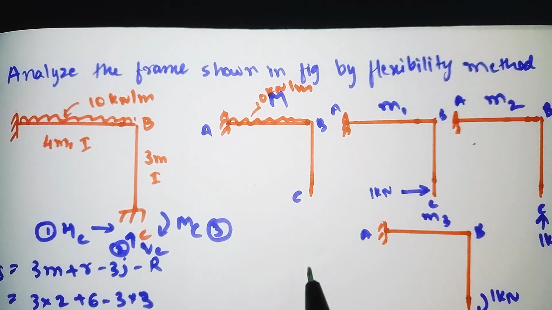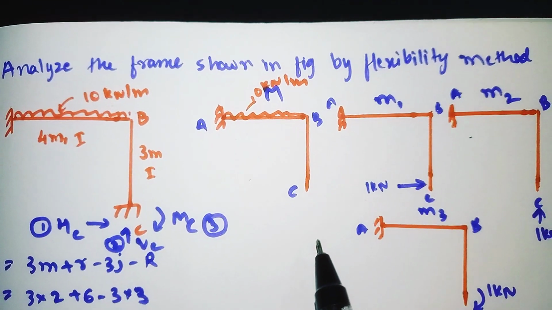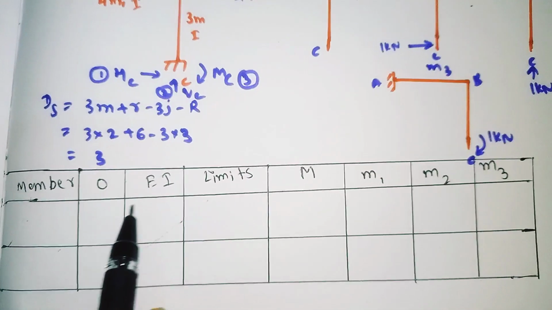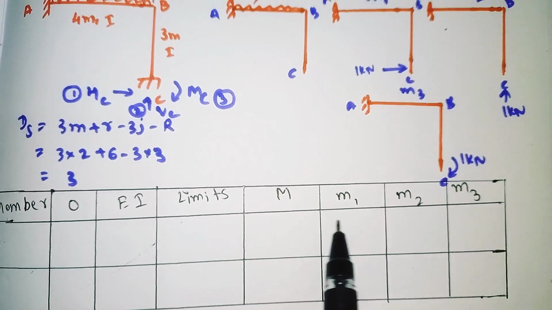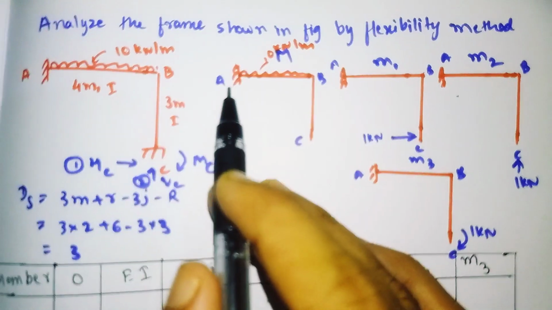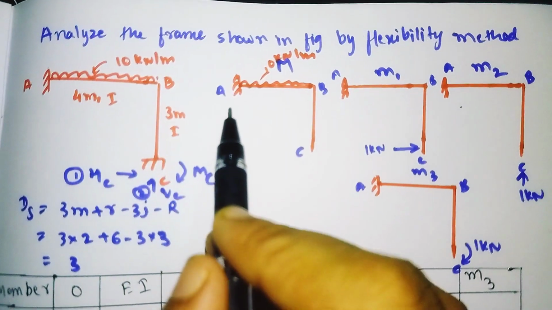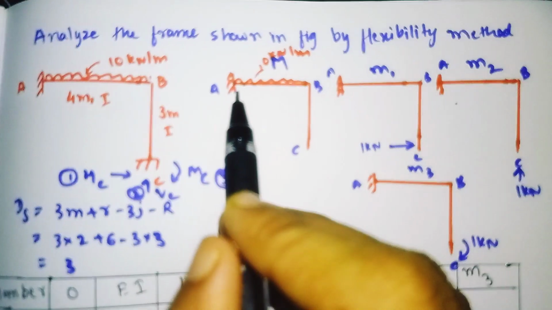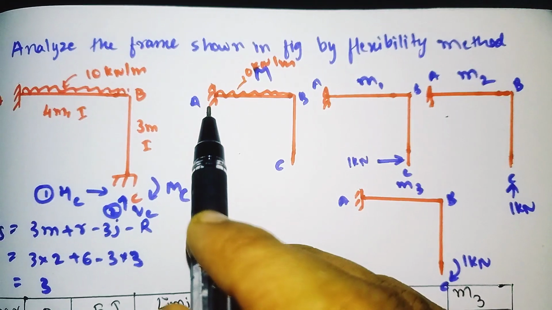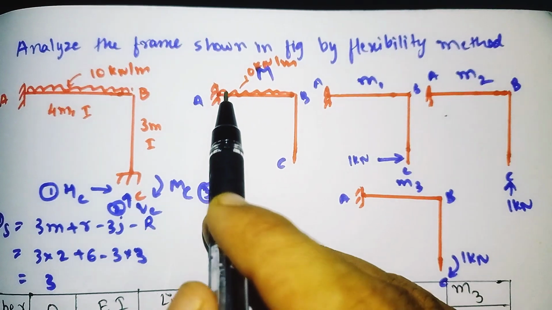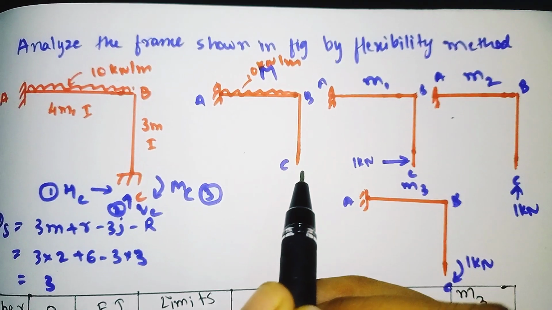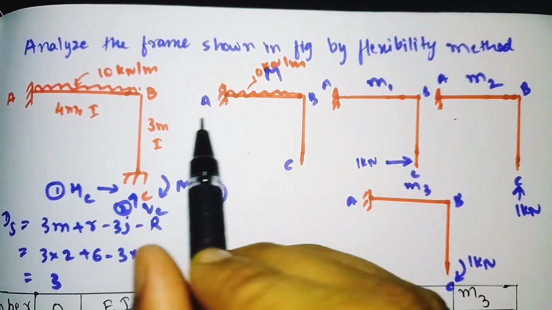Next we need to draw the unit load table. It has the columns member, origin, EI, limit, capital M, M1, M2, M3. Now I am calculating from this side to this side. As I told you earlier, I am skipping the calculation of this reaction, so I am calculating from the right side to the left side, going anti-clockwise.